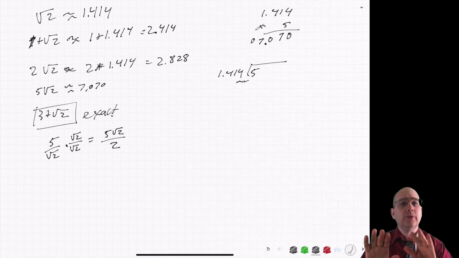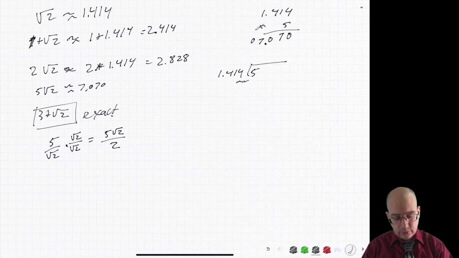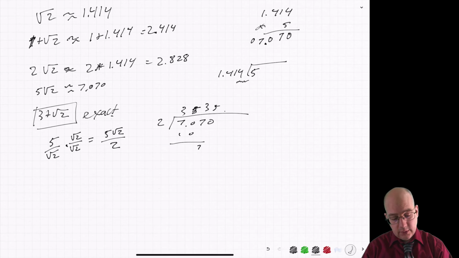Square root 2 times square root 2 is 2. That's square roots for you. And so now you could compute 2 divided into 7.070, and you do that out. 3, 10, 5, so that's 0, then you get 7, so 3, and then I presume it'll be 5 again.